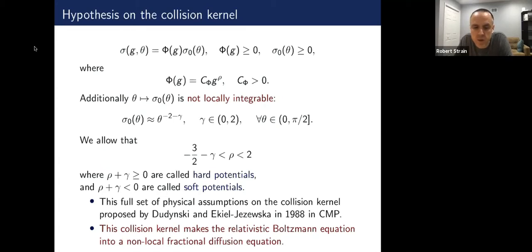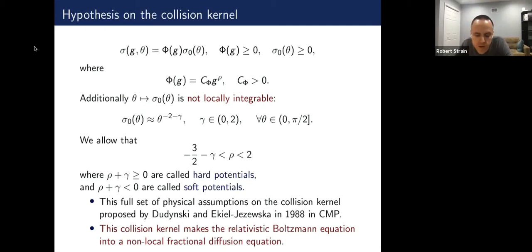And this collision kernel makes the relativistic Boltzmann equation into a non-local fractional diffusion equation, which I like to tell people is something that was not necessarily understood at the time when this equation was written down.